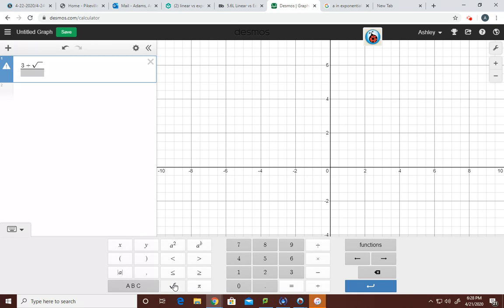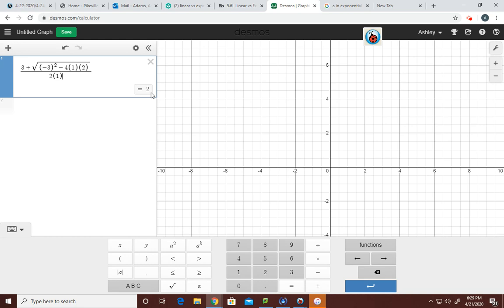I want to make sure that's all in the numerator. Parentheses, negative 3 squared minus 4 times a times c, all over 2 times a.